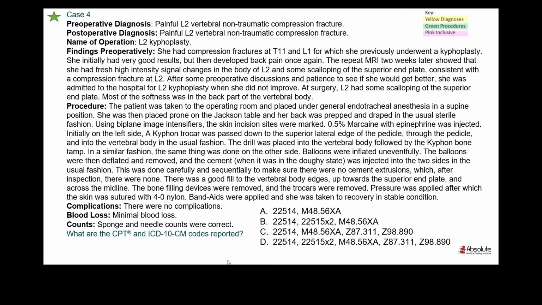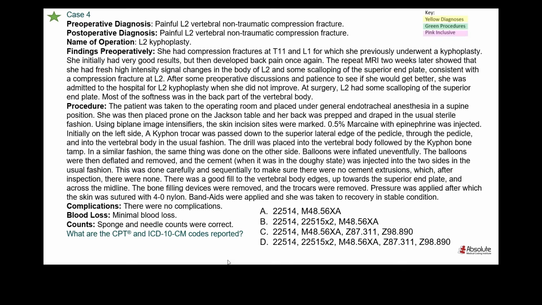D. 22514, 22515 by 2, M48.56XA, Z87.311, and Z98.890.